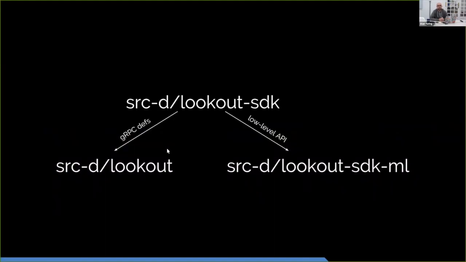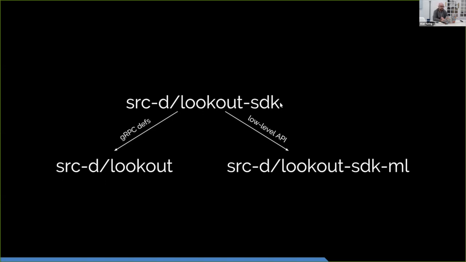So Lookout server is awesome to have, but what we really want to do is to build an ecosystem of analyzers which talk to Lookout server. Some of them can be ours, some of them can belong to the community. And it's impossible to achieve without a good software development kit. And actually we have two. This diagram shows the relations between our two SDKs.